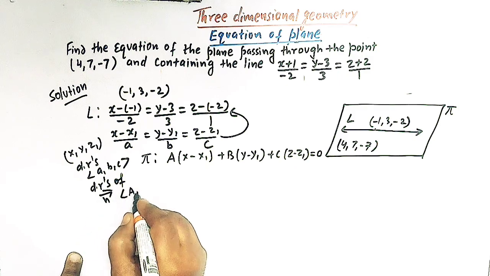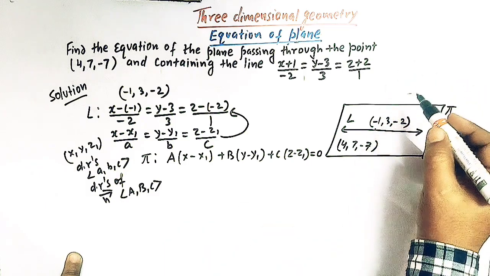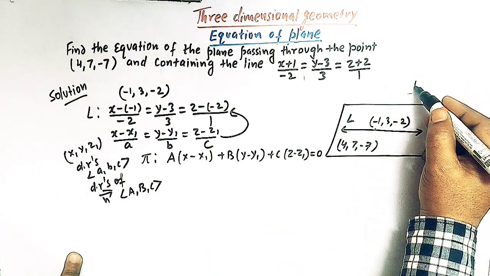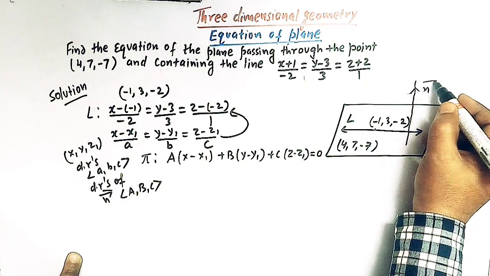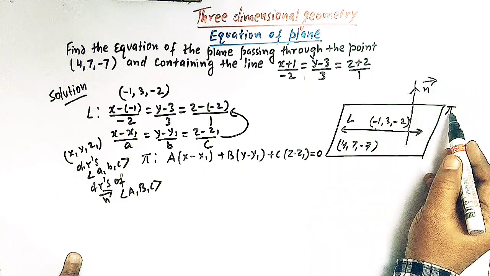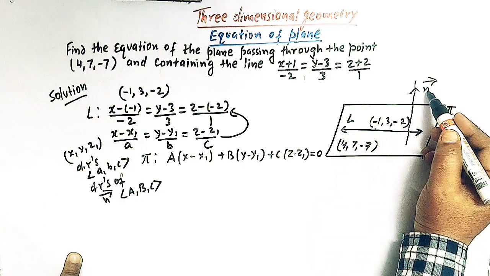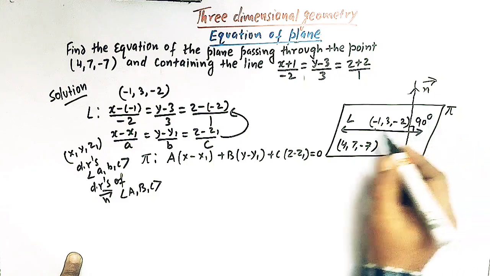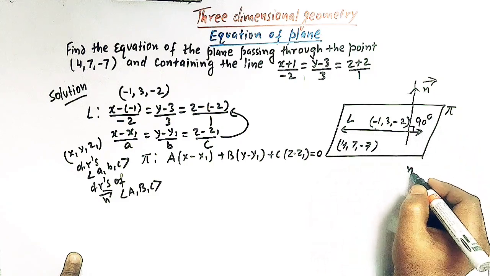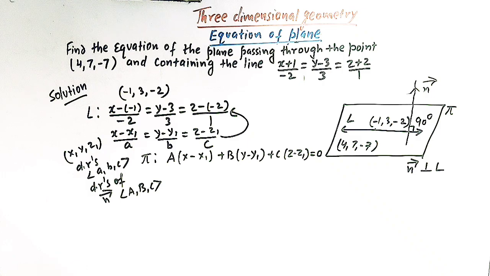So here we have the normal vector like this. So this denotes the normal vector. Now this plane pi contains this line L, therefore this normal vector is perpendicular to this line L, that is vector n is perpendicular to the line L.